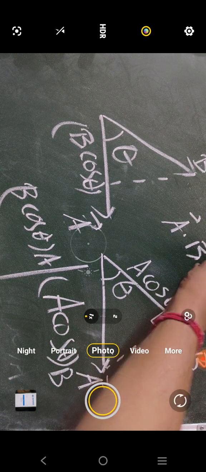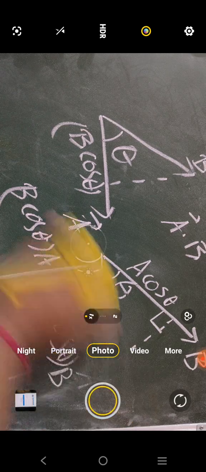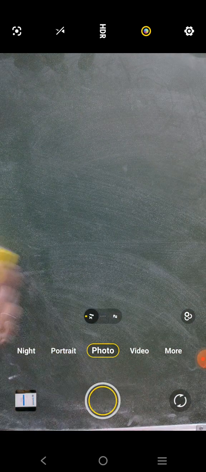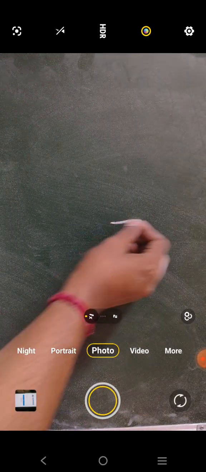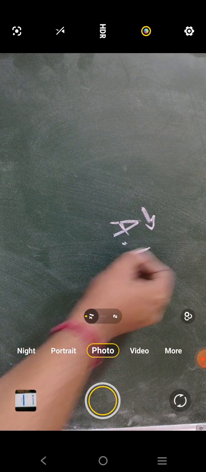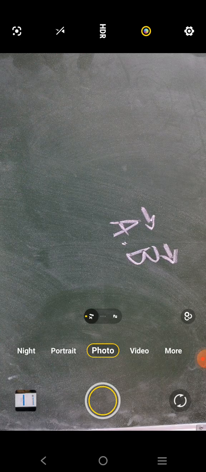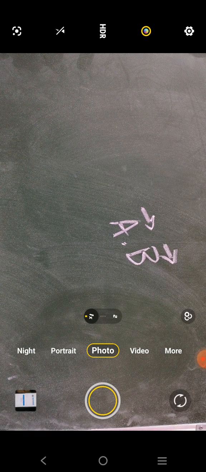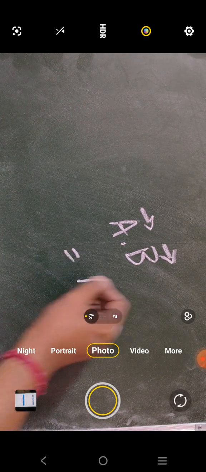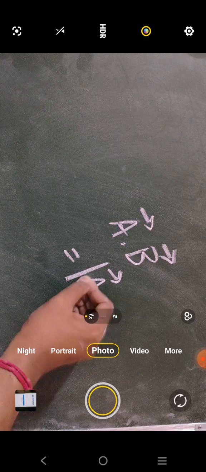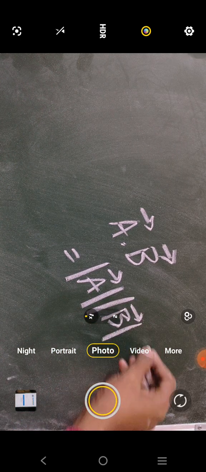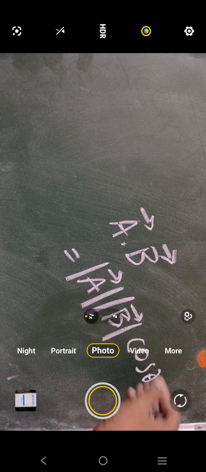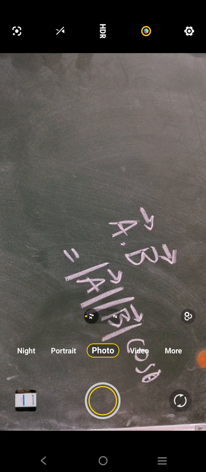So if I conclude, the scalar product A dot B will give you mod of A into mod of B and the angle between them, cos theta. Now you might be asking, sir, what is mod of A, mod of B?